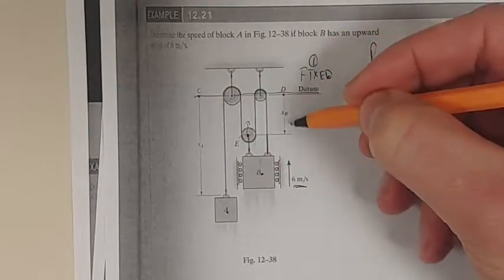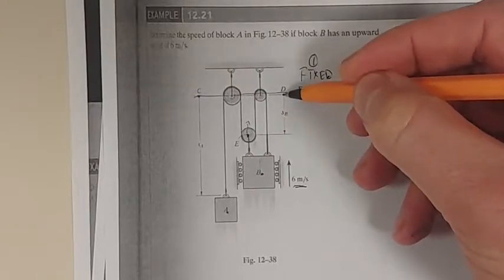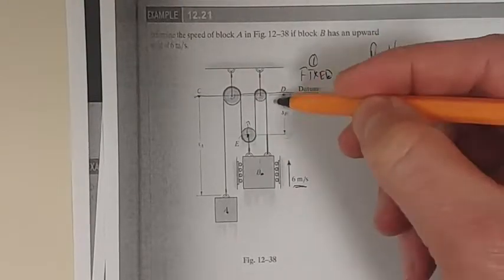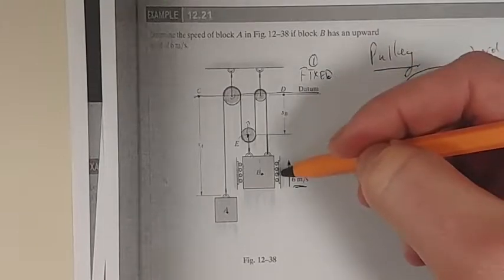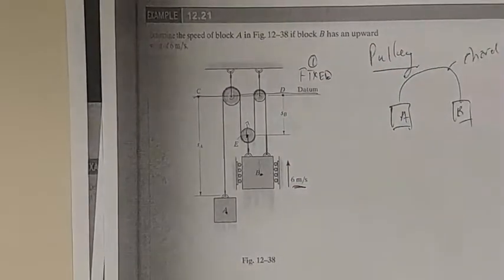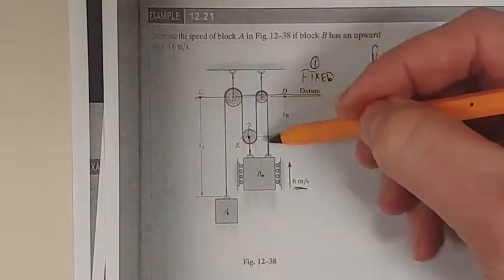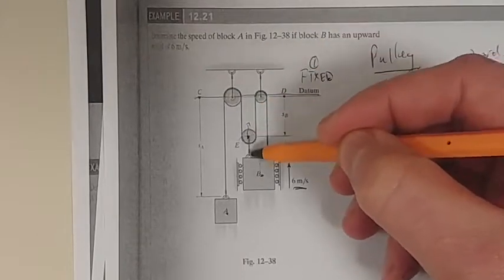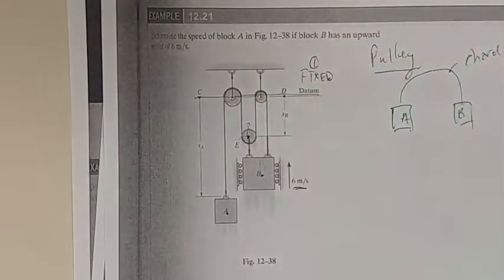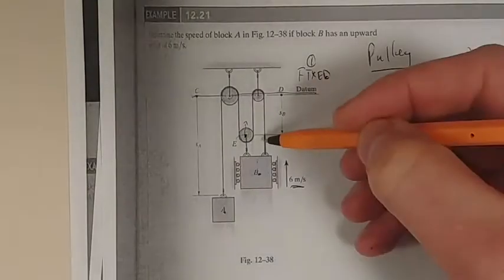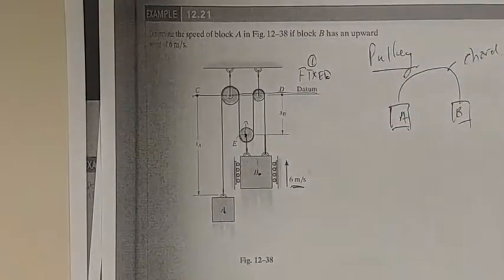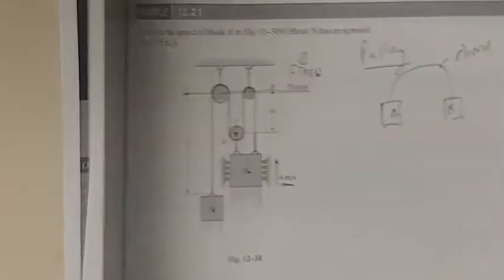That's why SB is measured to this pulley instead of all the way down. Also, we're measuring the lengths of the cord. That little cord there is not involved in the length, although that one is. I hope that makes sense.